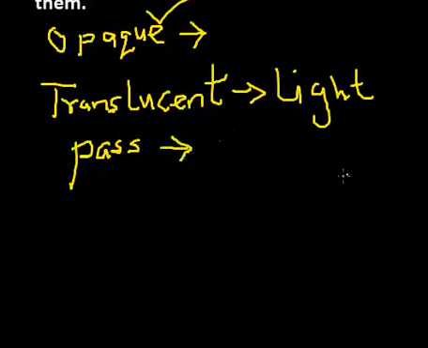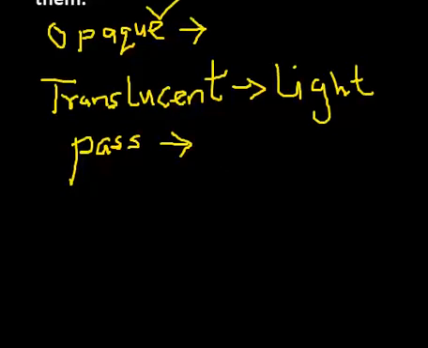You notice this in some car glasses where you cannot see anyone inside the car, but from inside the car they can see you, because light rays from you as an object pass through it, but you cannot see through it. So please take note of that.